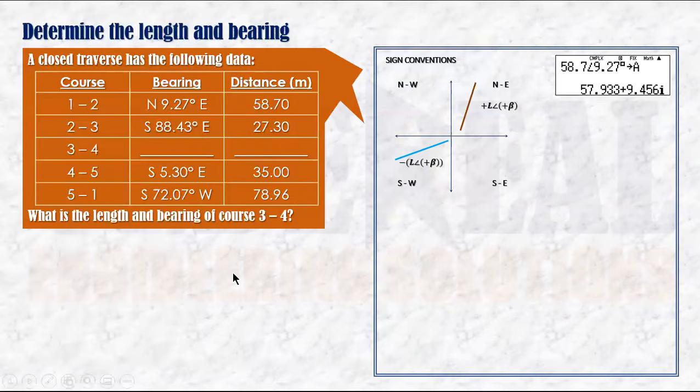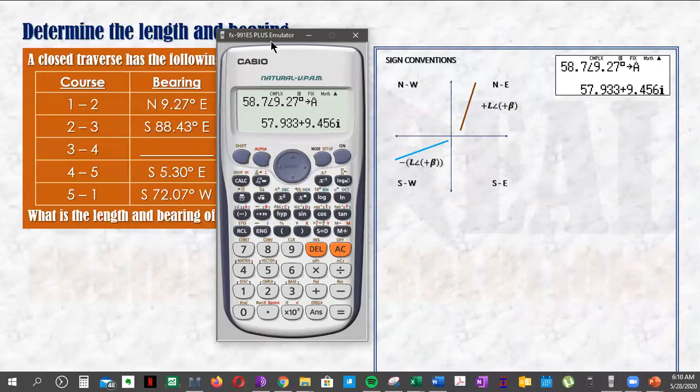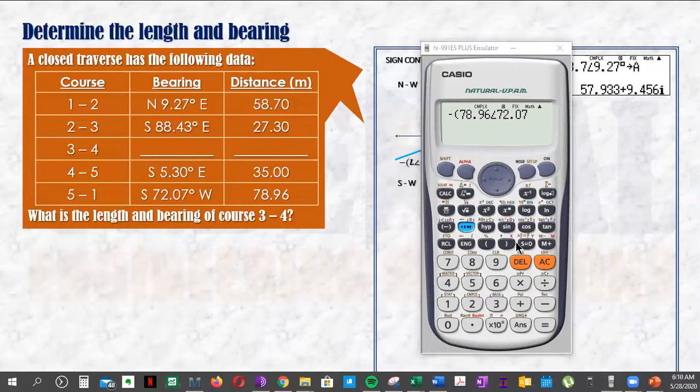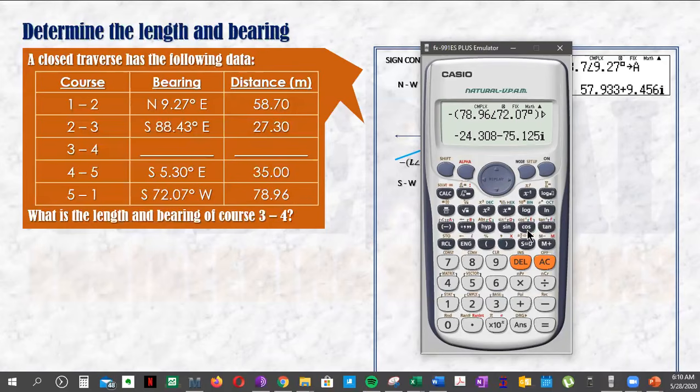So let's try this one. Which one is southwest here? This one, course 5-1. So negative of 78.96, and that is angle 72.07 degrees, and I'm going to store this to D. Okay, to E instead, to E. I stored it already to E because later I'll be storing this to B, the complex that corresponds to this.